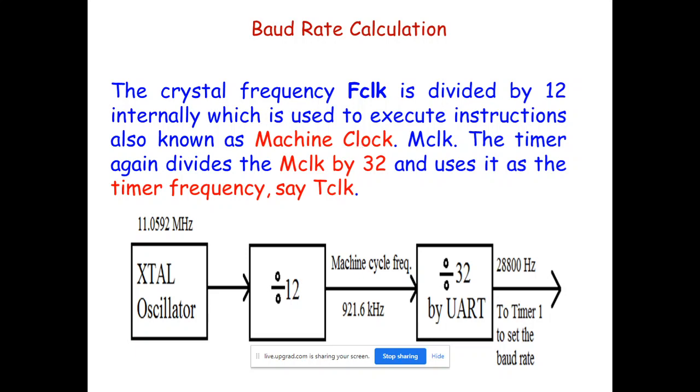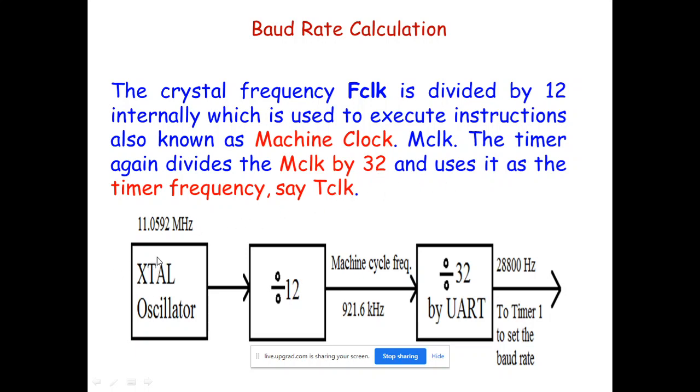The naming is different here in serial communication. Divided by 12 gives the machine clock, the M clock. Then the timer clock is again divided by 32, because serial communication is very slow speed, so you divide again by 32 to generate the timer clock.